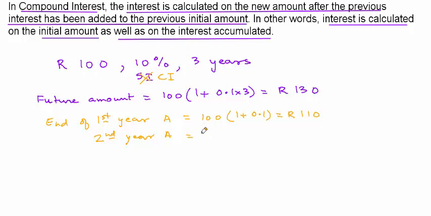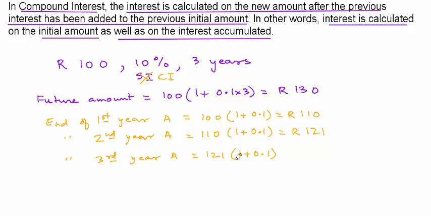So this is going to be 110 times 1 plus 0.1, which is going to be 121 this time. And at the end of the third year, the new amount or the final amount is equal to 121 times 1 plus 0.1.